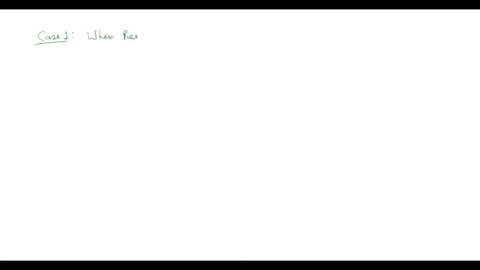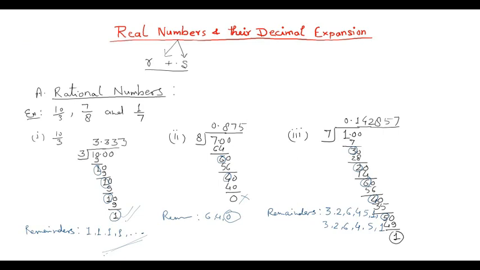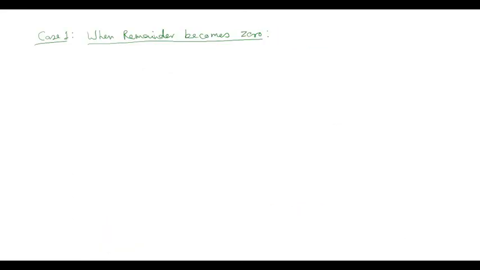As we have seen in the second example, the remainder becomes 0 after some steps, and the decimal expansion is 0.875. We can also take some other examples.